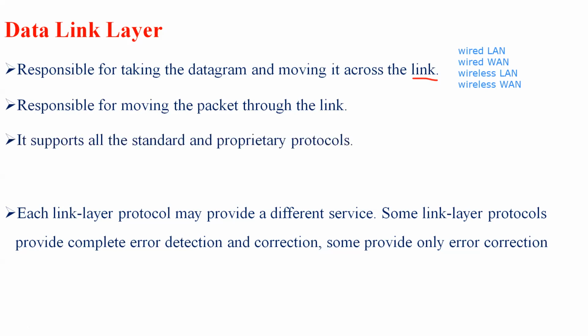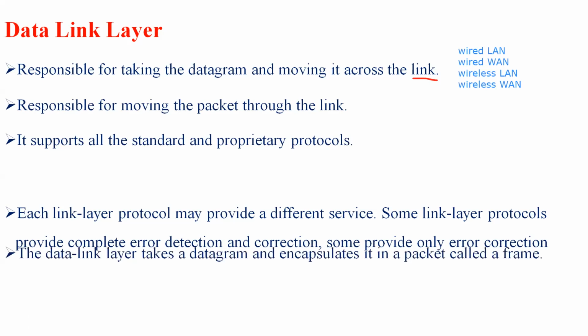It supports all the standards and proprietary protocols, so different protocols can be used with any type. In each case, the data link layer is responsible for moving the packets through the link.